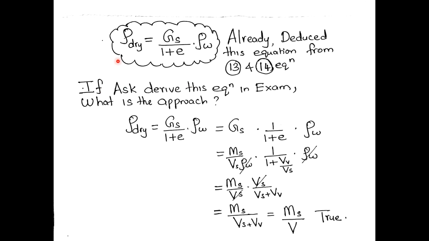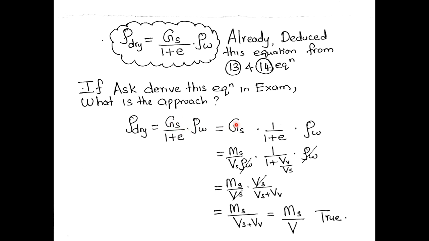Sometimes in examination, they ask to derive this equation from first principle. What is the approach? Dry density is equal to Gs over 1 plus E into rho W. In exam, from first principle, this is already reduced from equation number 13 and 14, that is another thing.